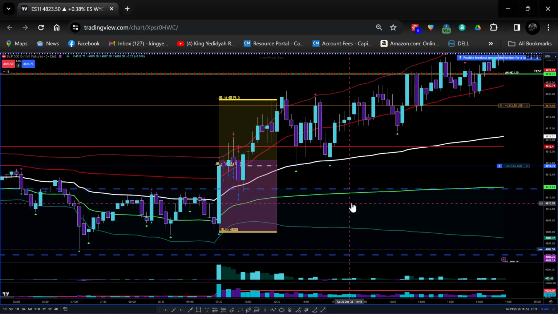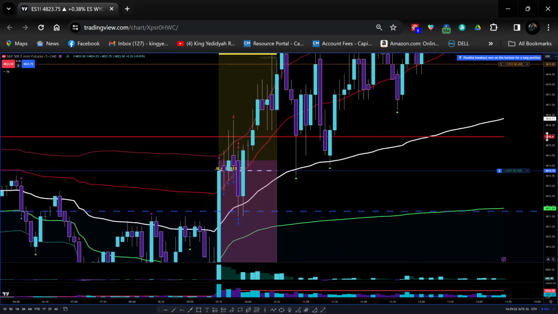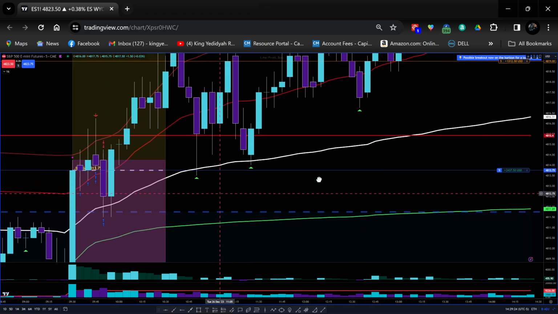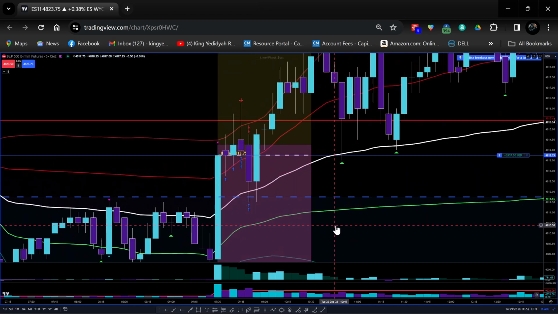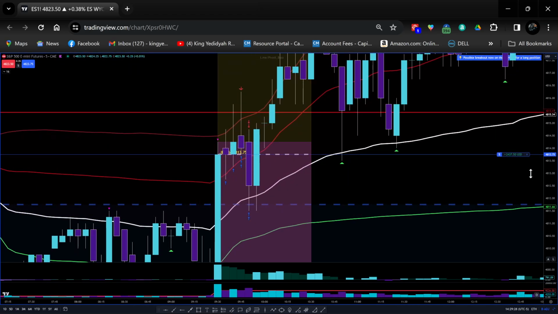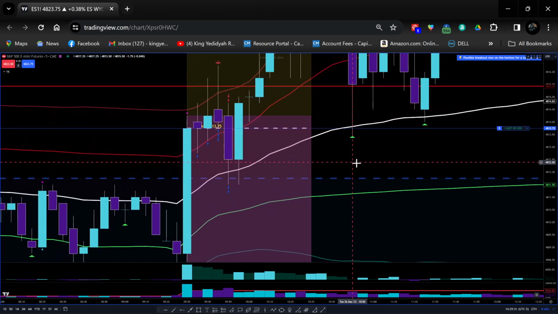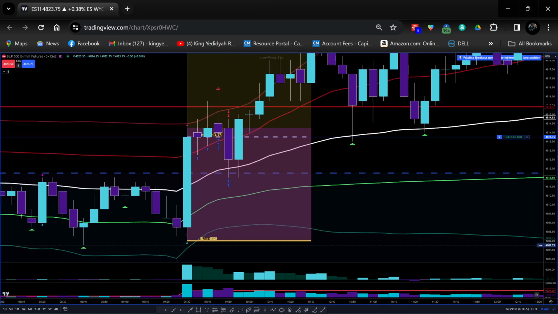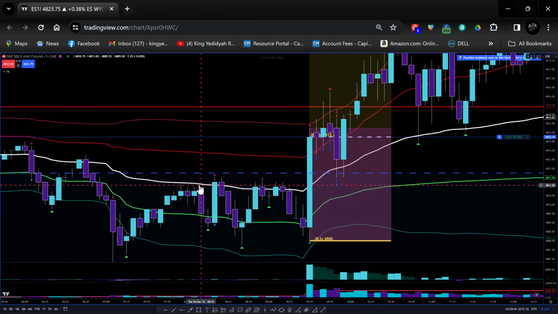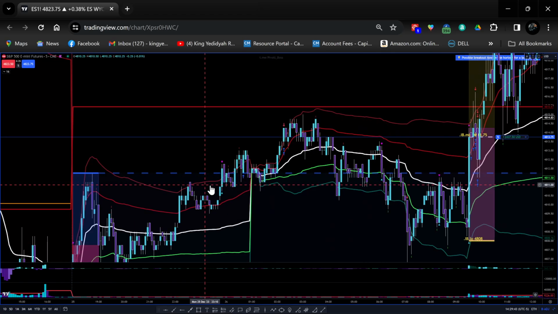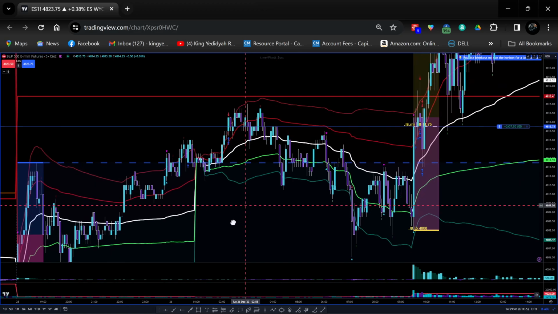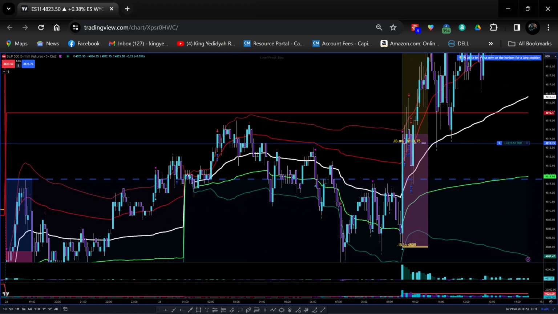Let me just open this up a little more so you can see this here. Now I was doing a little backtest on the ES, and I was looking at my Vwap bands. So let me just break down what these are.